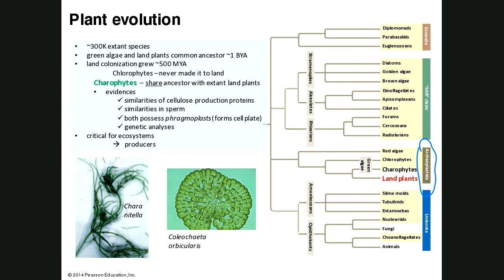The ancestor of the charophytes and the land plants, this critter right about there, probably has gone extinct, but there are still extant or existing charophytes, Chara, Nitella and Coleochaete orbicularis. They're on the right. Those are considered plant-like green algae. Remember, that line kind of gets blurred there.